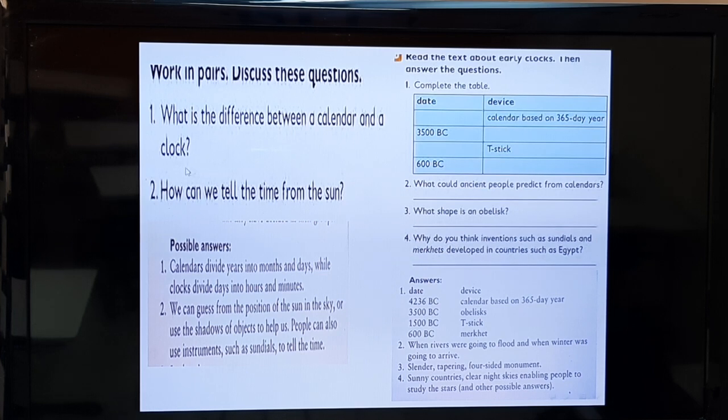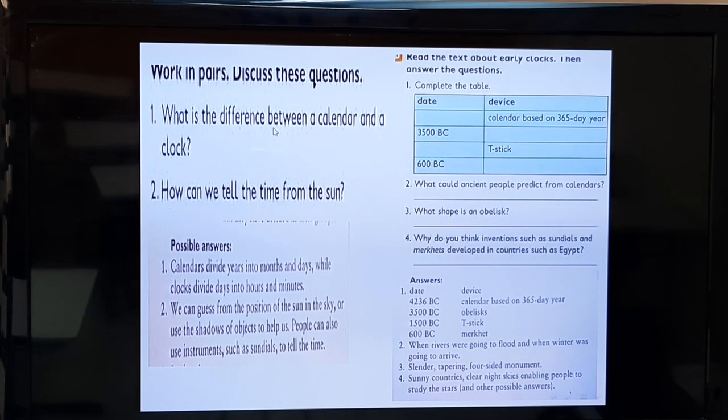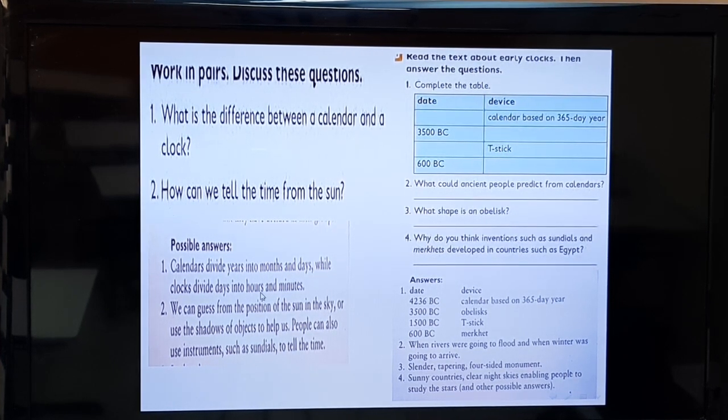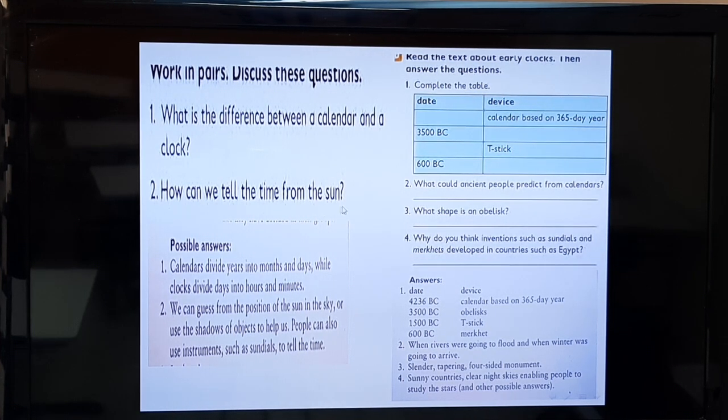Then you have exercise 2, question and exercise C are important. What is the difference between a calendar and a clock? Number 1, calendars divided years into months and days, while clocks divide days into hours and minutes. How can we tell the time from the sun?